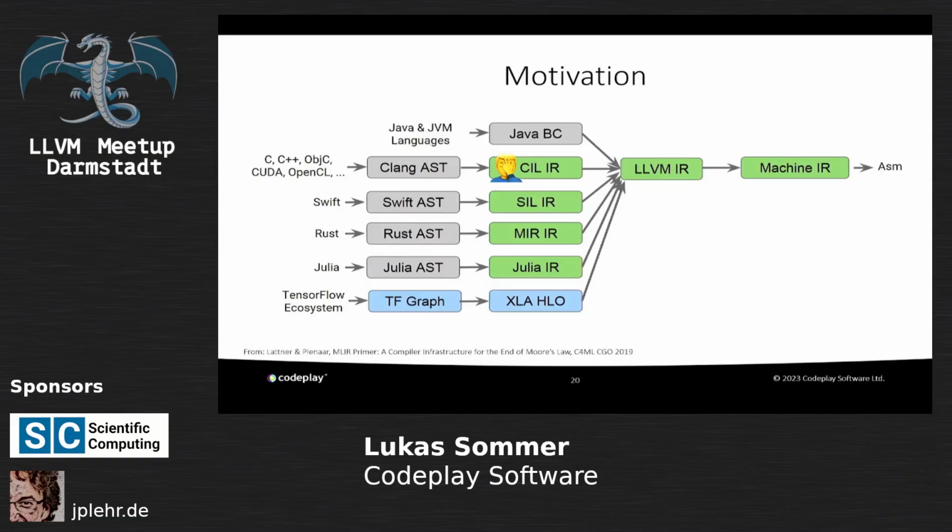You have this one target independent IR, and you have backends for x86, for ARM, for SPARC, for the Tiger processors in your PlayStation, and so on and so forth. So that part works well. What doesn't work as well is that front end part here.